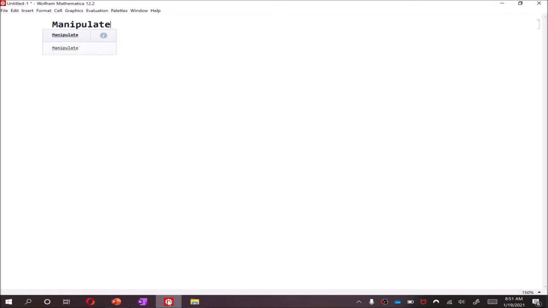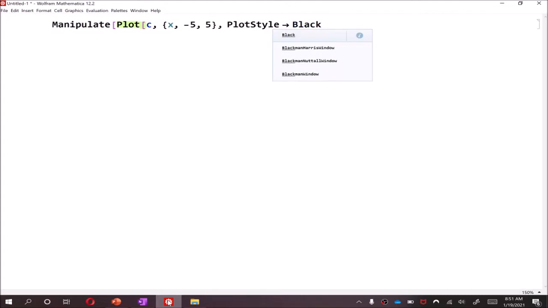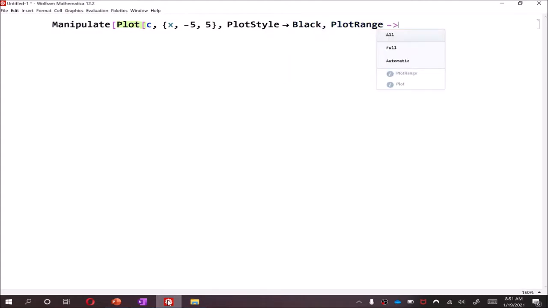We want to manipulate the plot of the constant function c. We'll do a domain of minus 5 to 5. Just make the curve black. Let's keep the plot range of the constant minus 5 to 5 as well.